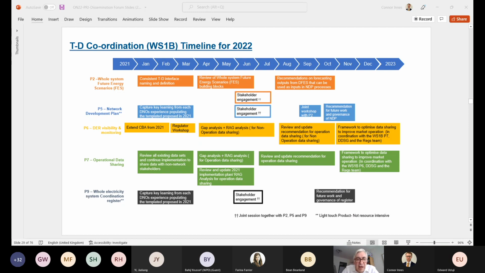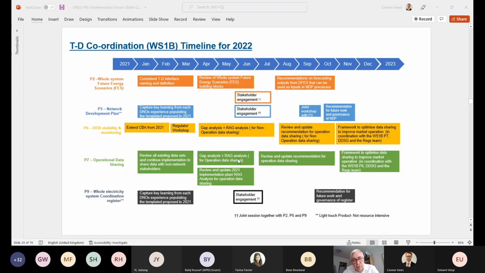You'll note there's a stakeholder engagement in June, and we've aligned that with the stakeholder engagement that we need to do in product P5 particularly, but also P9. But I mentioned particularly P5 because there is this link between producing the best view scenario and how that feeds into the network development plan.